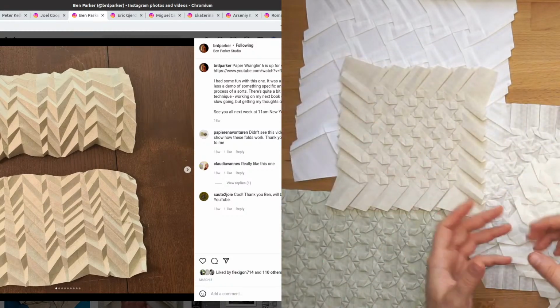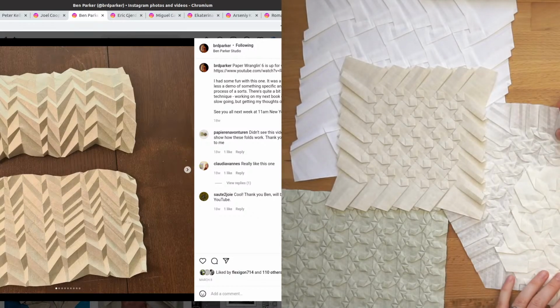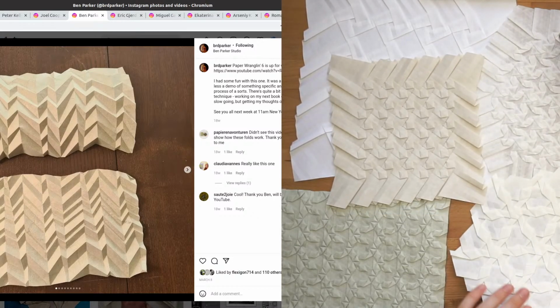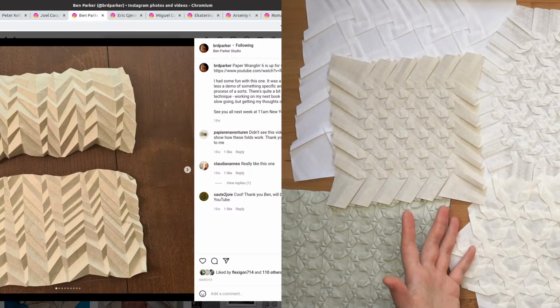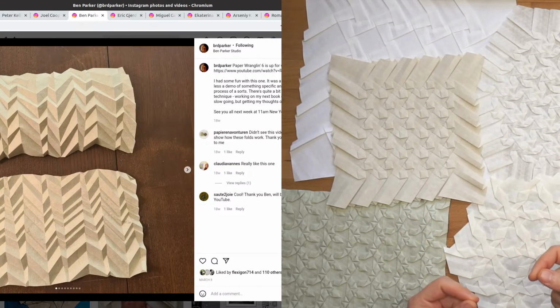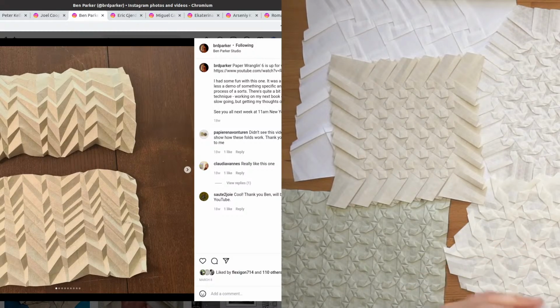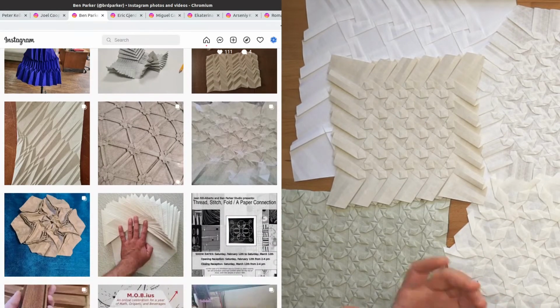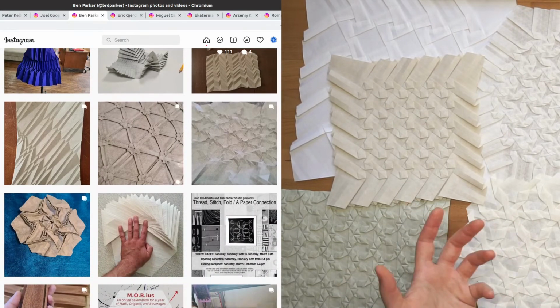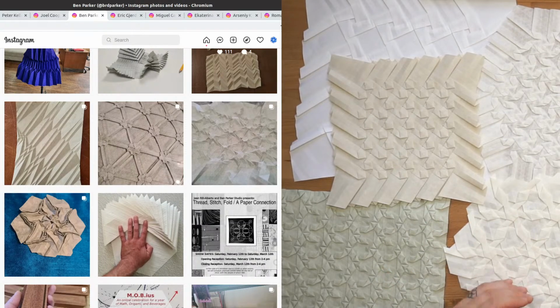And these are all choices that were calculated in advance by me before I started folding, so I would end up with a result that I felt was most pleasing. So there's a whole variety of ways to apply tessellation techniques, and no one way is superior to any other. It's all artistic decisions once you get into it.